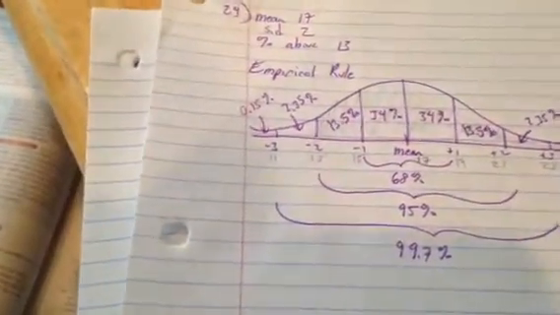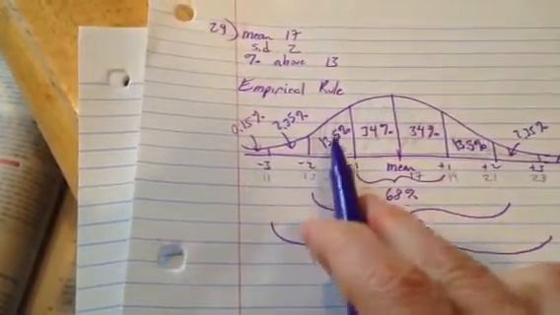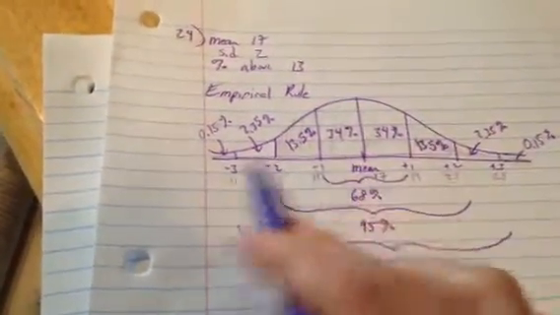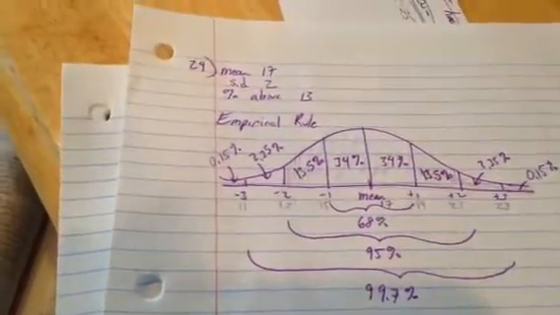And so now, again, the 0.15, the 2.35, the 13.5, and the 34, and repeated on the other side, are almost more valuable to remember than the 68, 95, 99.7 as the empirical rule is normally presented, because you're usually looking for these little bits.